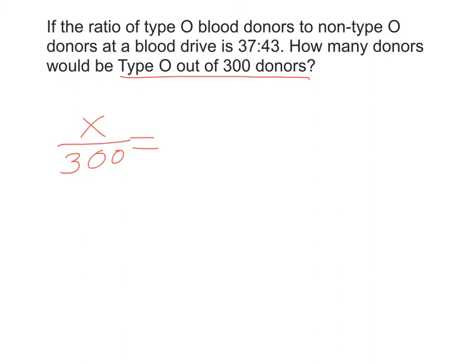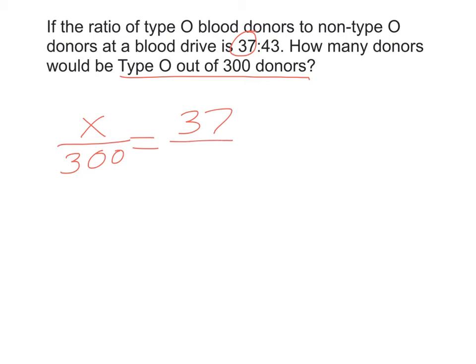Well, 37 are type O. So 37 will go on top because whatever I put on top has to be the same, and whatever I put on bottom has to be the same. So 37 type O donors to 300 total donors.